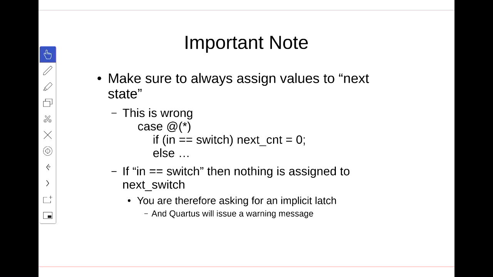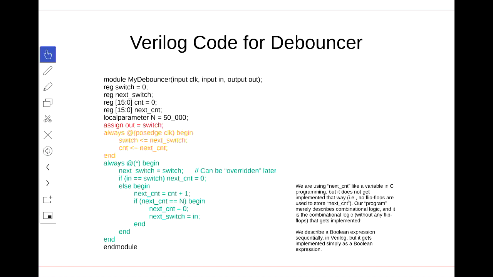You have to make sure that in this, so this is defining my next state. So my next state consists of next switch and next count, and I have to assign values to them in this green block no matter what.